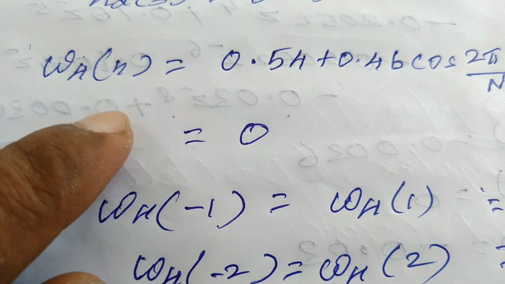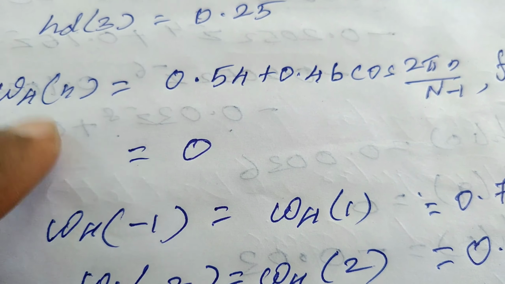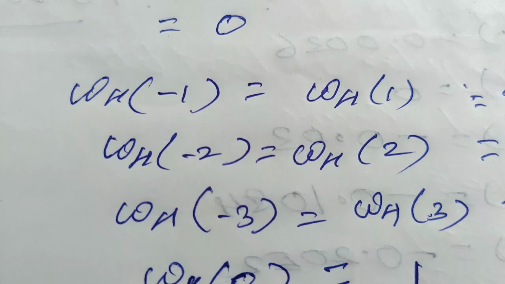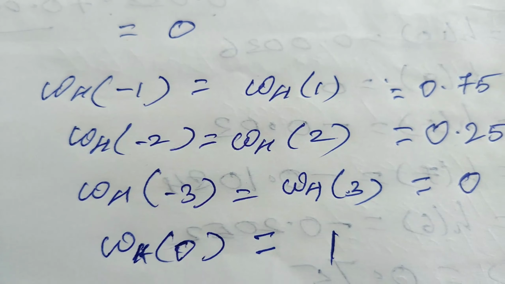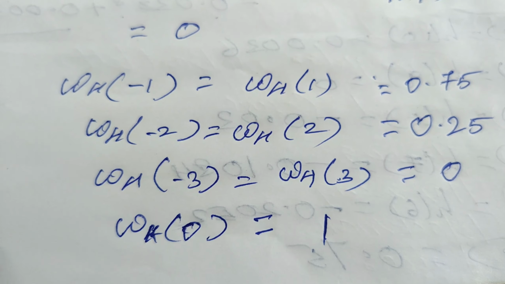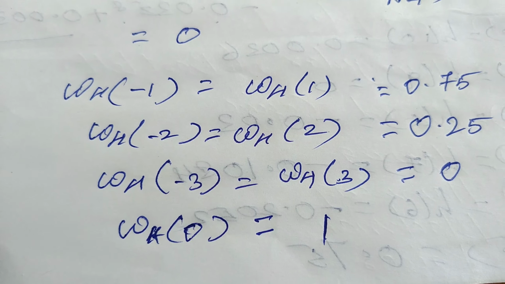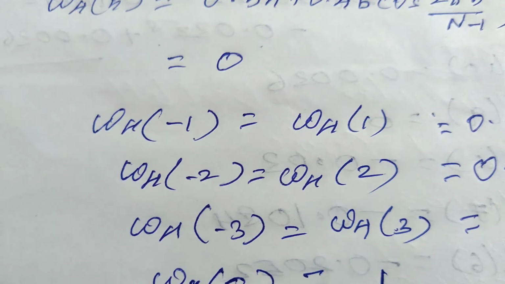By substituting n equal to 0, 1, 2, 3, we got all these values, and we found all the things.